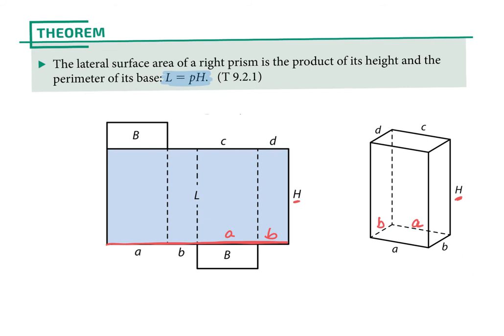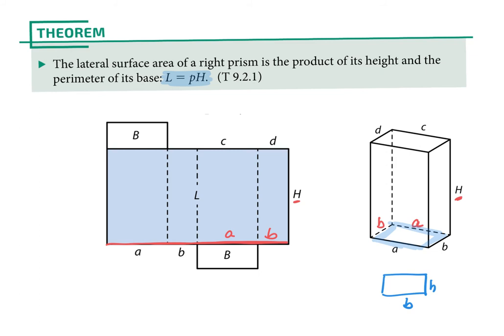Now I want to point out that the height is capitalized. That height indicates the height of the prism, not the height of your base. Because what you're going to start doing is you're going to see a base and height on your actual rectangle that creates the base of the prism. And then you're going to see a height of the prism itself, all right? So for example, if I were to take this little rectangle down here, and I were to say, what's the area of that rectangle? You would say base times height, right? That's the area of a rectangle. And so if I were to draw this little tiny rectangle, I would have a base and a height of that little rectangle.